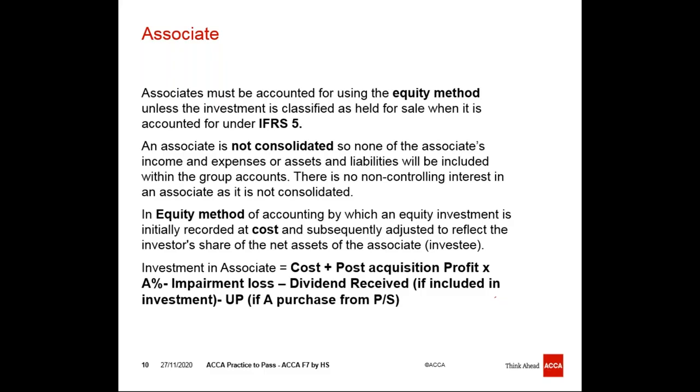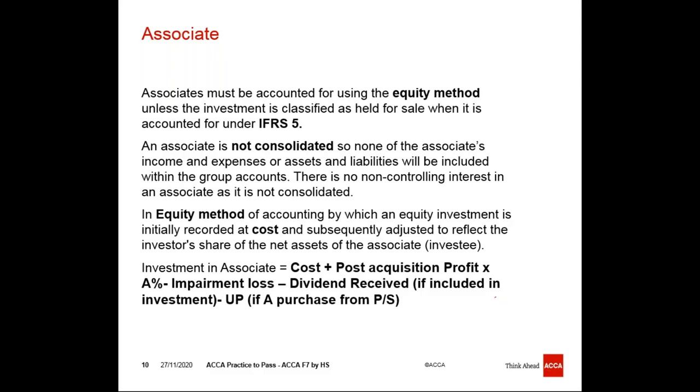Associates should be accounted for under the equity method. All associates should be accounted for under the equity method. The basic presumption is that you must have 20%. If you have 20% to 50% of shares and you have significant influence, then it is your associate company. So the most important point is significant influence rather than the percentage.